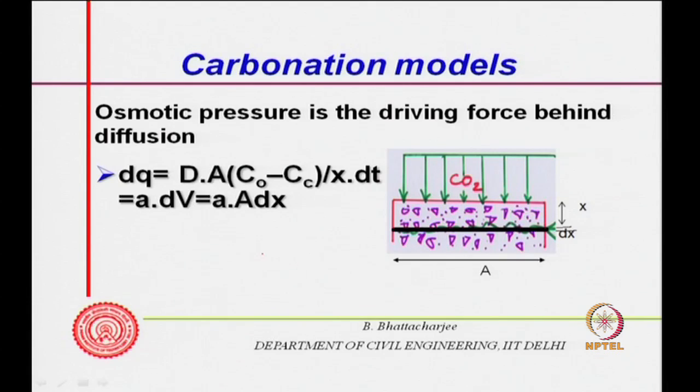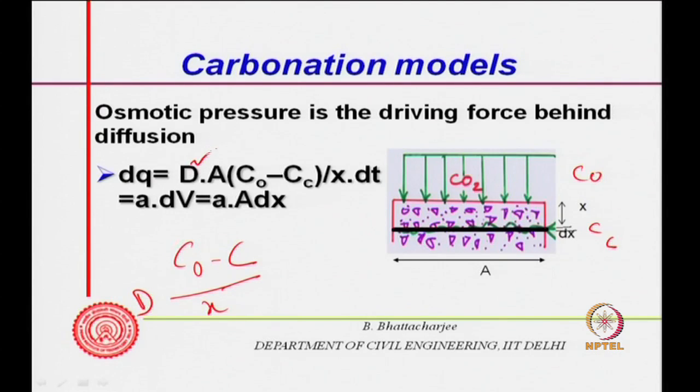So, dq, if I consider the flux at this point, the concrete has already got carbonated up to x. So, the concentration is C0 outside, and C in the concrete is here. The concentration gradient will be given as C0 minus C divided by x.